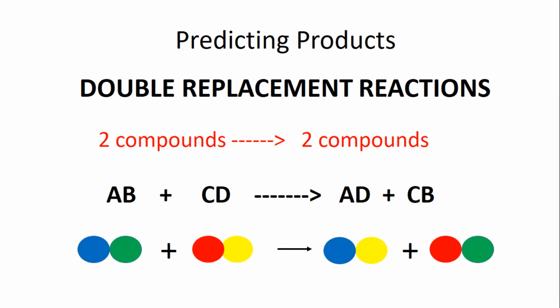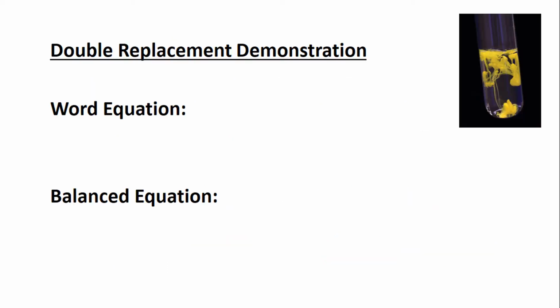We can also show a double replacement reaction visually. If you look at the circles, the blue circle and the red circle switch places. This is essentially the same as the two positive ions switching places. In the demonstration, you were able to see two clear, colorless liquids being added together.